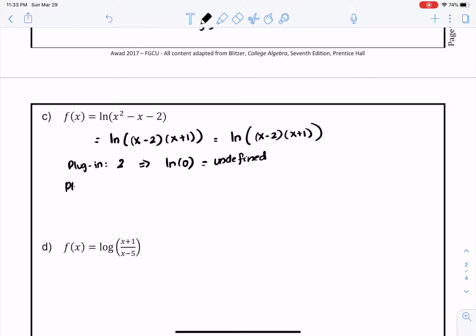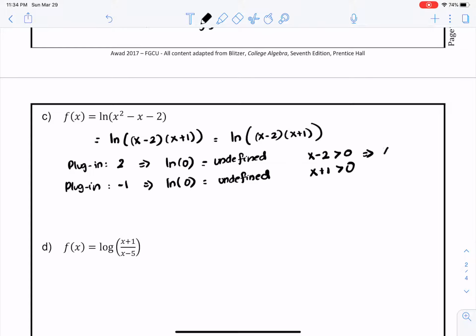If I plug in negative 1, we have ln of 0 becomes undefined. So clearly we want x minus 2 to be greater than 0, and we want x plus 1 to be greater than 0, because we can only take logarithms of positive numbers.